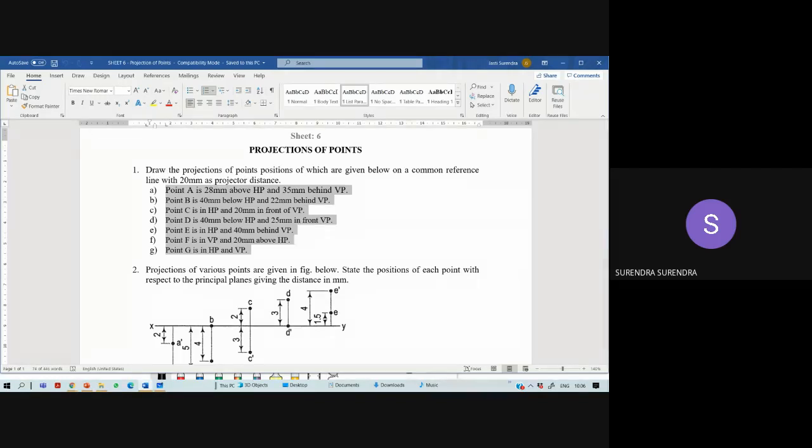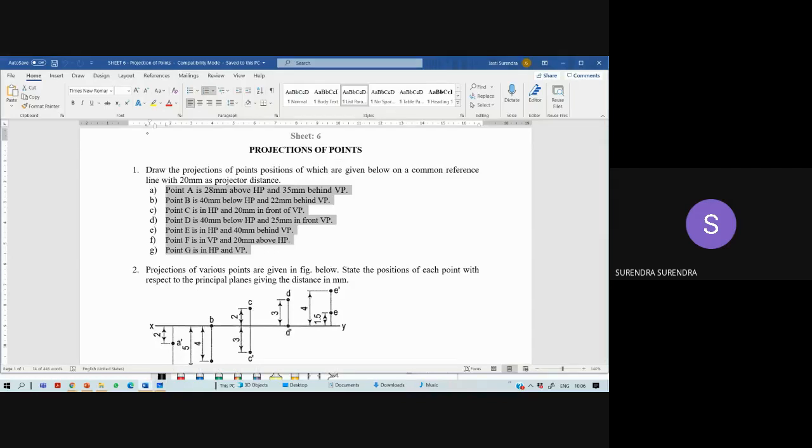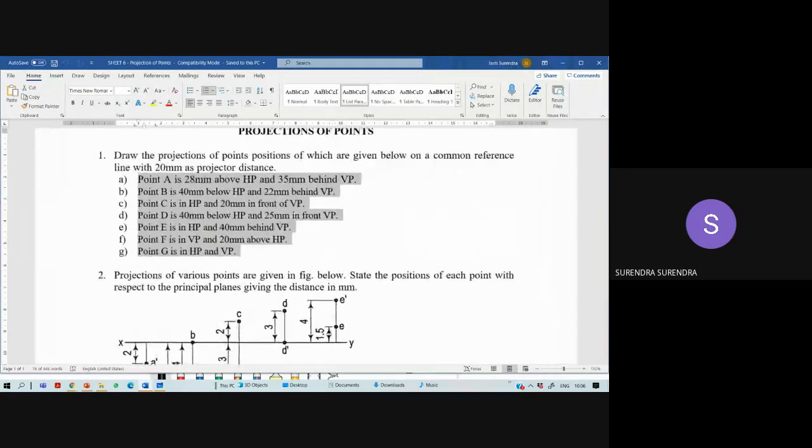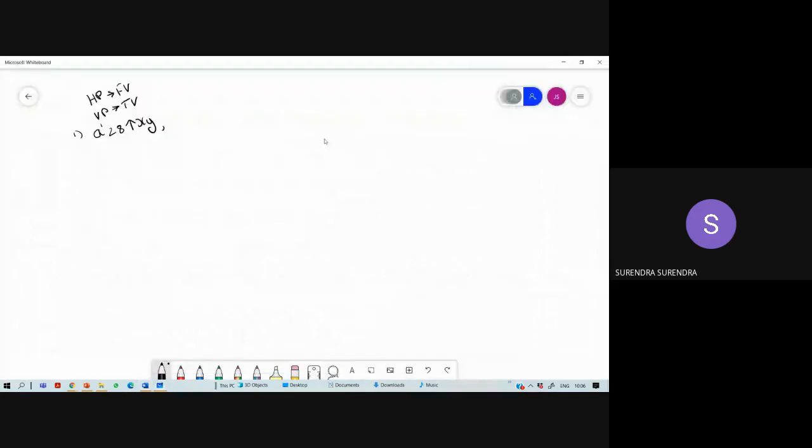Coming to the first one, it is given as point A is 28 mm above HP, means above HP means above XY line. So A dash is 28 mm above XY and 35 mm behind VP.